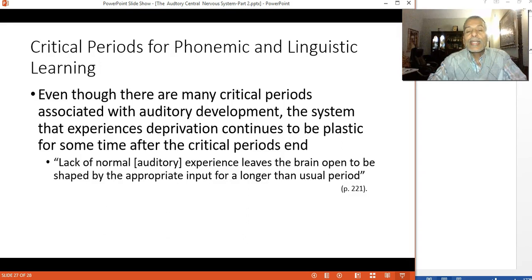So the auditory system that experiences deprivation continues to be plastic for a longer time after the critical periods, and that is wonderful. That means that as long as the person does not receive the stimulation, they still present with auditory processing problems. Okay, so what is the solution?